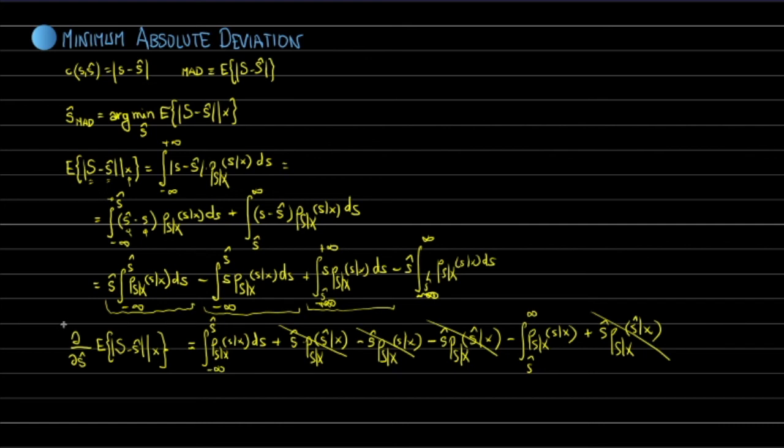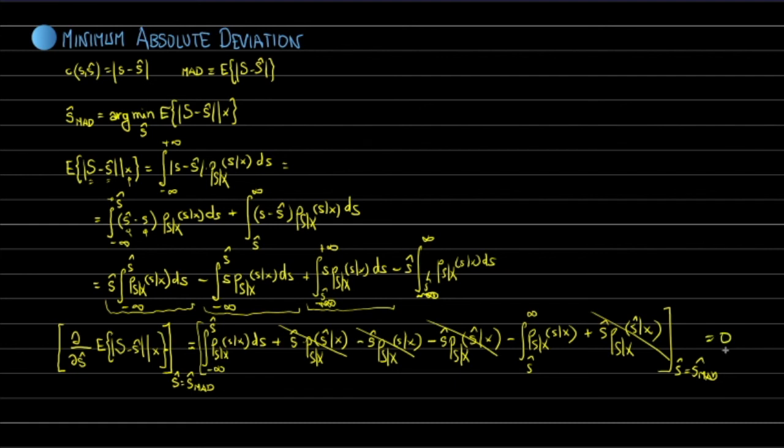So if we compute this derivative at the minimizer, that will be SMAD, okay? That is, all this sum computed at SMAD, the result should be 0.